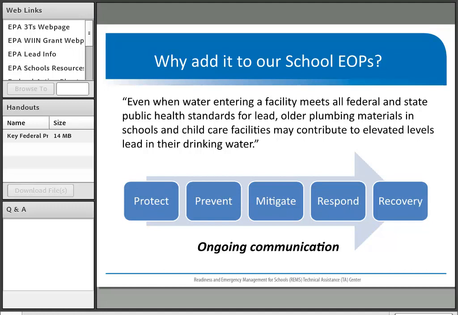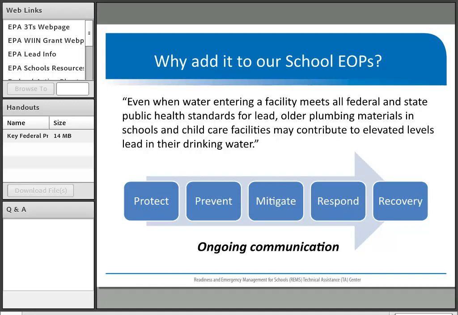It's not always possible to prevent all of the lead from getting into our school buildings or school facilities. Gratefully, there are meaningful steps that we can take to protect our school communities, even steps that we can take to protect our most vulnerable members.